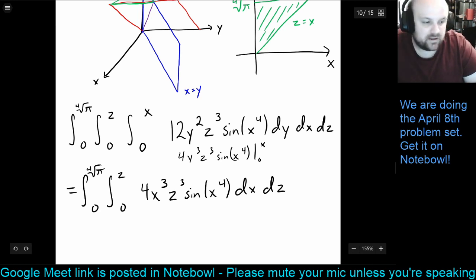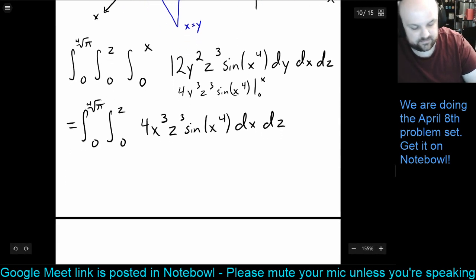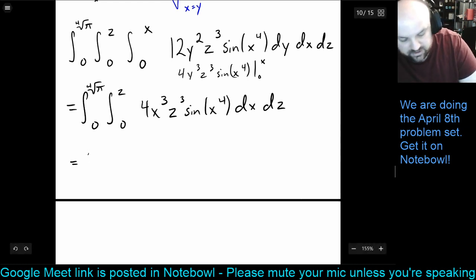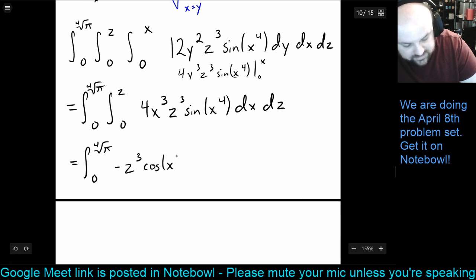To integrate this, we're just looking at a u substitution. I'll leave the u substitution to you, but the u is going to be x to the 4th. So what we're going to wind up with is negative z cubed cosine of x to the 4th. That's going to be the integral of this from 0 to z.